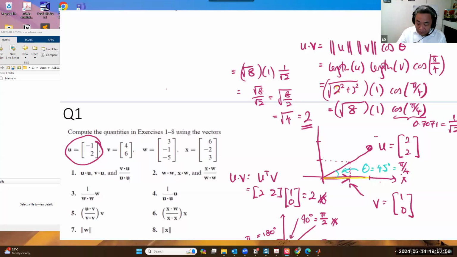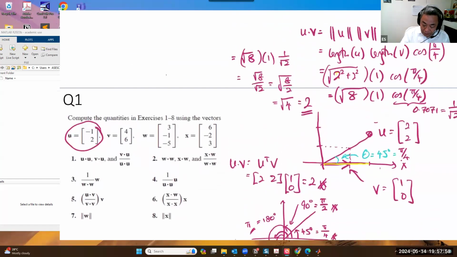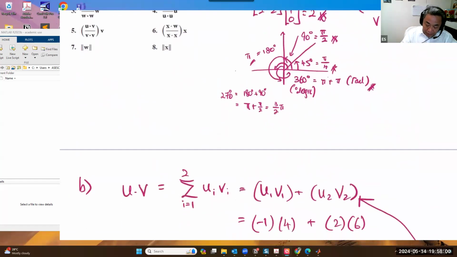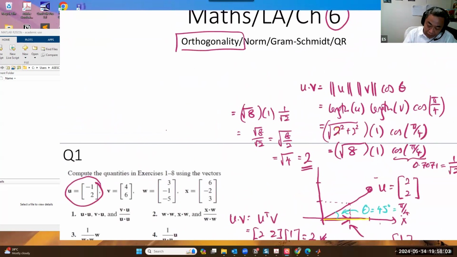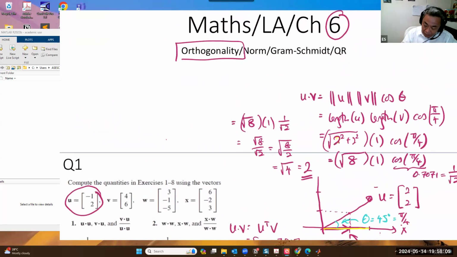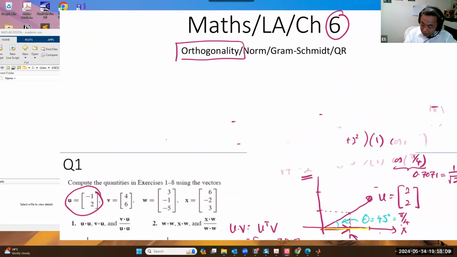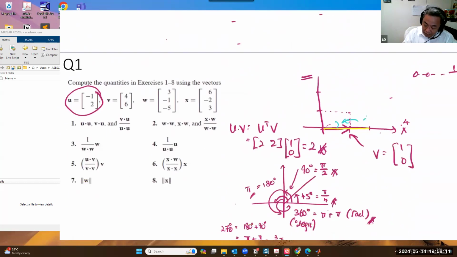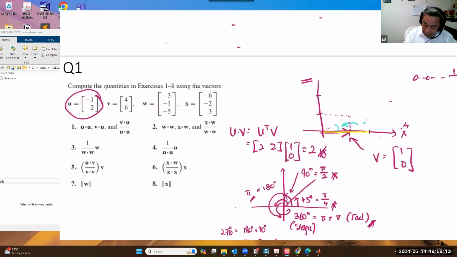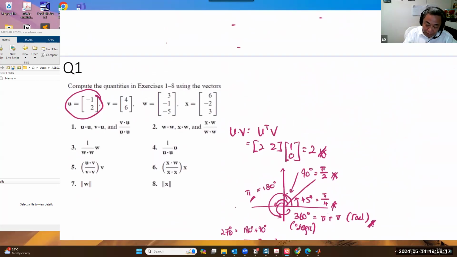U transpose v equals 2. Oh, okay. All right. Let me erase this first. Okay. All right.